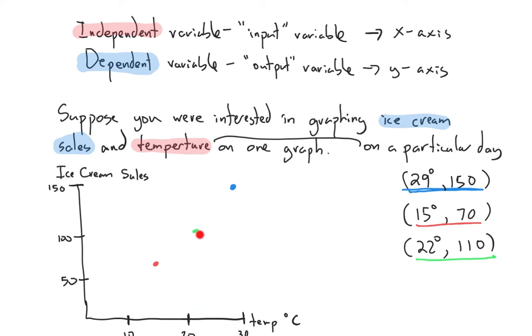So that looks like 22 on the x-axis and about 110 on the y-axis. So that's what a scatterplot is. It's a good way of graphing two variables paired to the same experimental unit on the same graph.